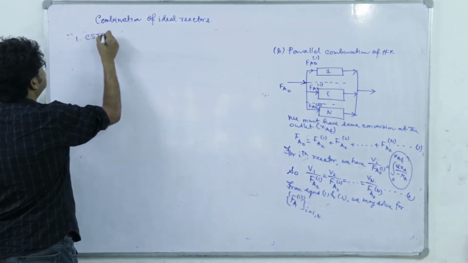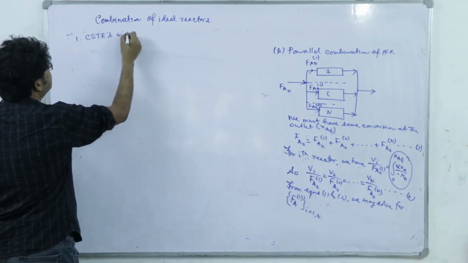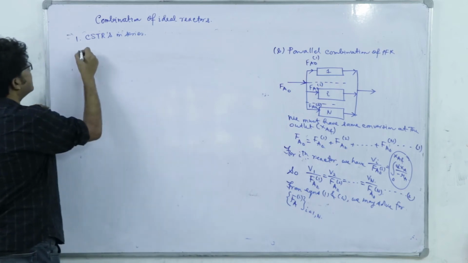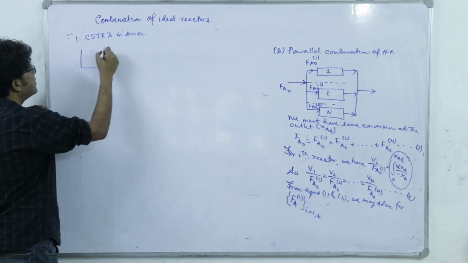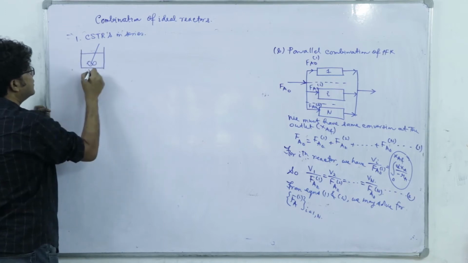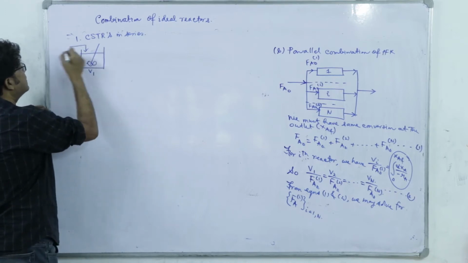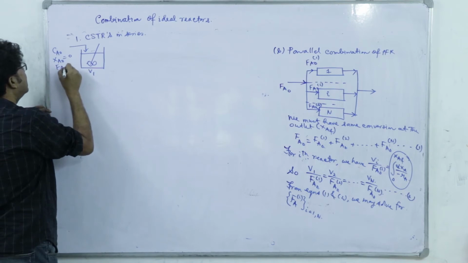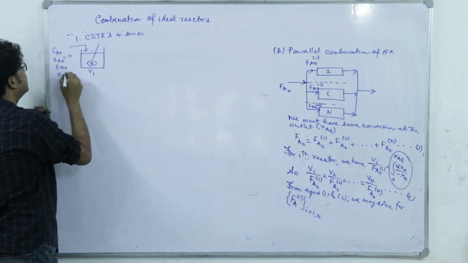So, CSTRs in series. So, this is the first reactor. So, here we have the Ca0, Xa0 equal to 0, Fa0, V0, right.